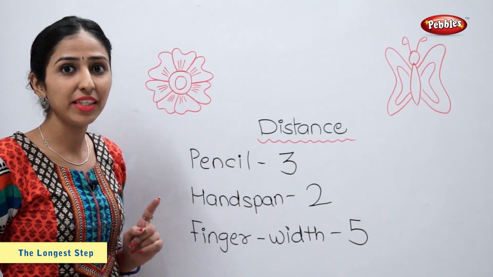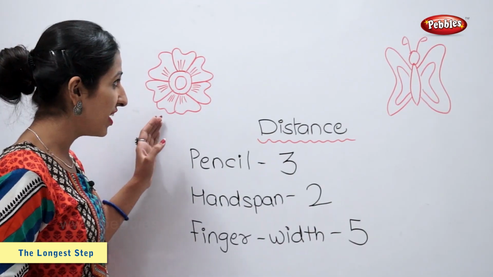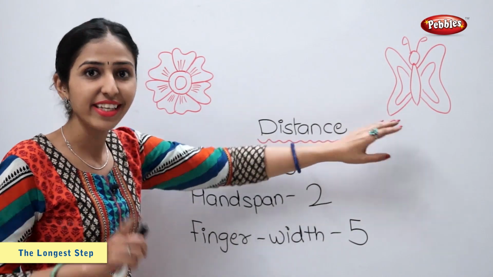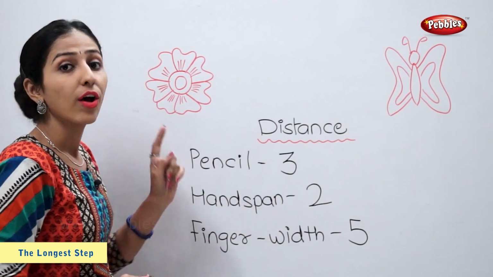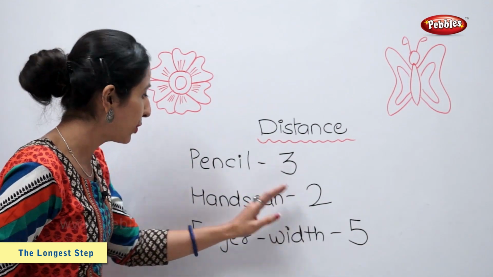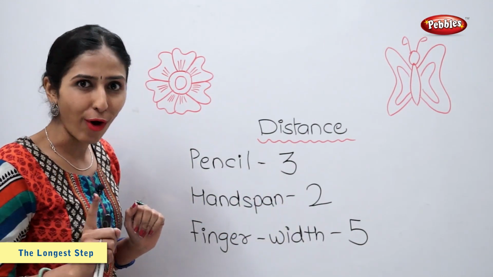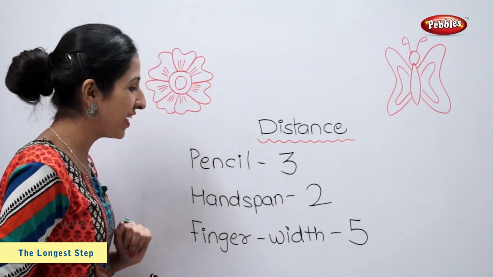So, the distance between this flower and the butterfly is 3 pencils or 2 handspans or 5 finger width.